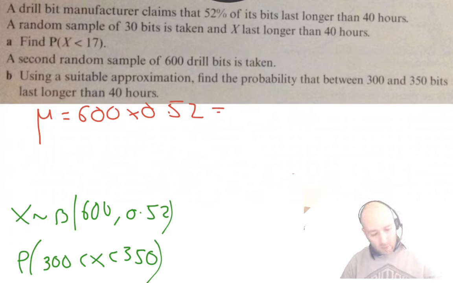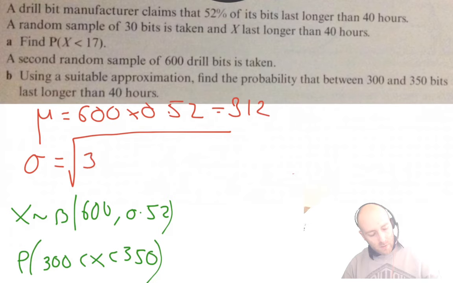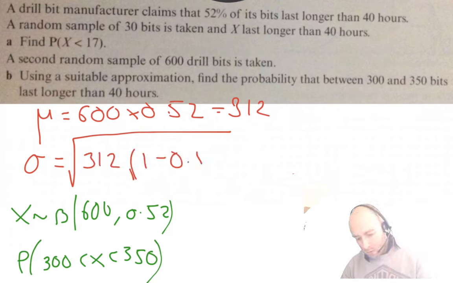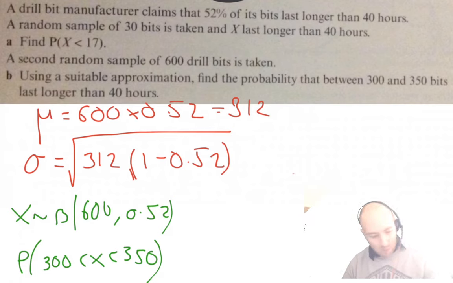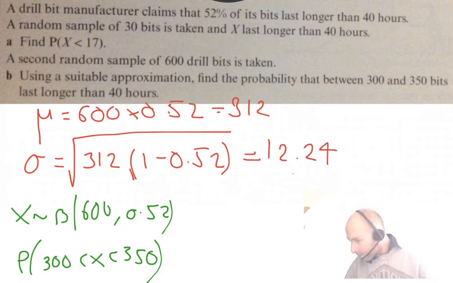So we get 312. Sigma is the square root of 312 times 1 minus 0.52, which should be 12.23 or 12.24 to 2 decimal places.